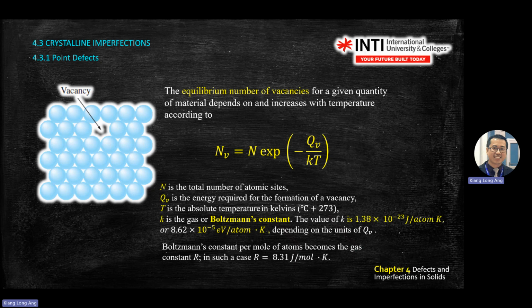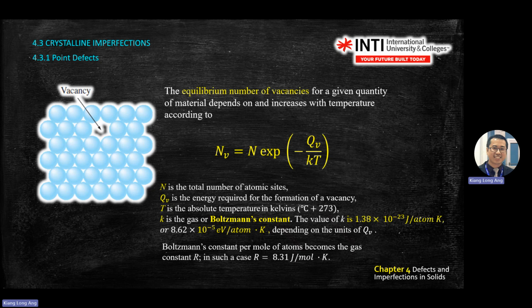N is the number of atomic sites. Q_V is the energy, which will be given. T is in Kelvin. k is the Boltzmann constant. This one sometimes will be given, sometimes won't. It is 1.38 times 10 to the power minus 23 joule per atom Kelvin, but normally it will be given. When it is given, you know that there are two values.